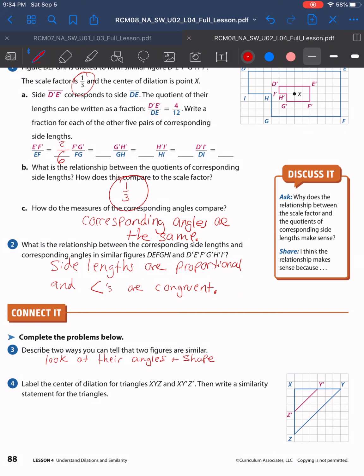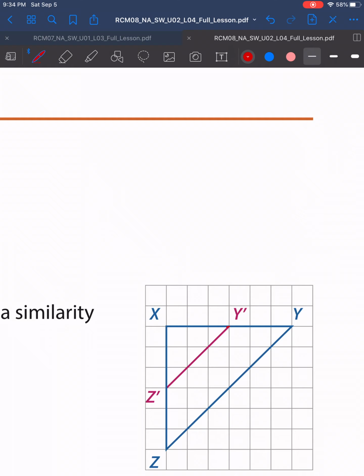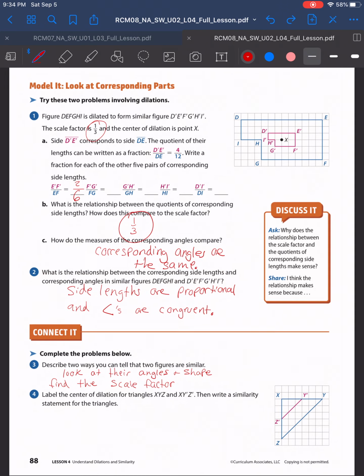And then you can also find the scale factor. How do you find the scale factor? You take one side and you divide it by the other side. And if you can take that and then do all their corresponding sides like that, then you know it's congruent, okay? Or you know that it's similar.